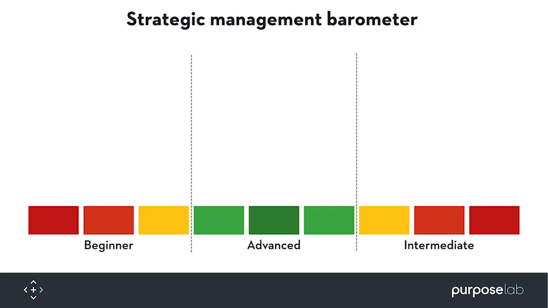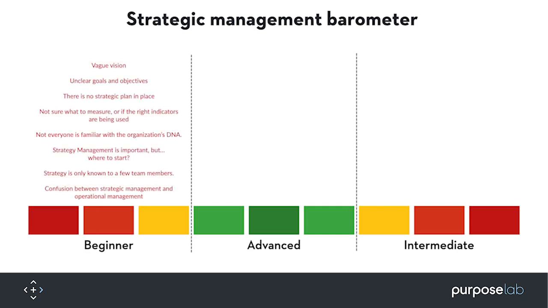And usually what happens, Ray, for many organizations that are just getting started in this journey is they fall more under the category of a beginner, right? At this stage, and you can probably use this to place yourself as to where you're at this point in time, you have a vague idea of a vision of where you want to get. You know that strategic management is important. Not everybody within the organization is as familiar with some of the concepts as you are.